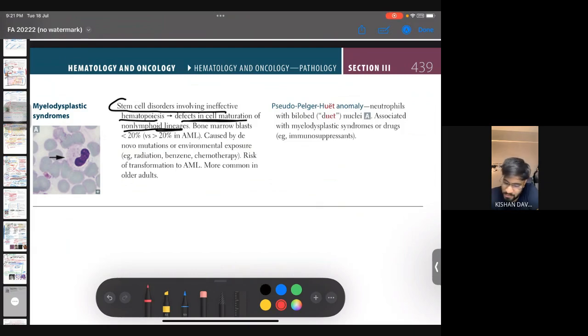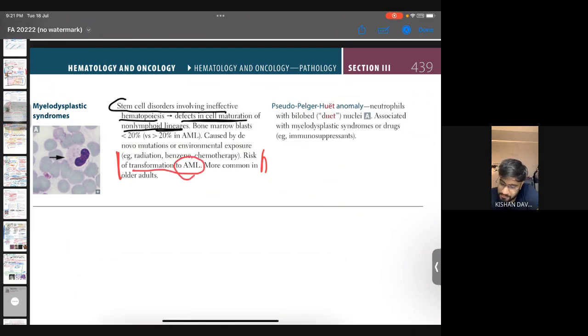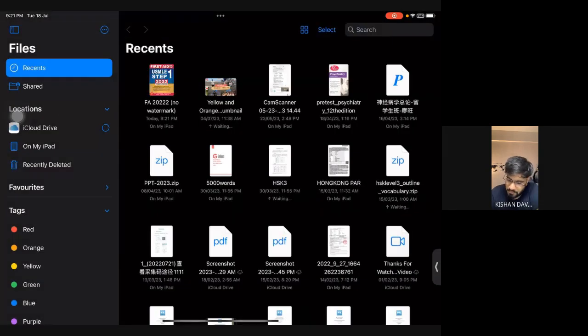So how can it be caused? The causes are radiation, benzene, chemotherapy. There is a risk of transformation to AML, and it is more common in elders.